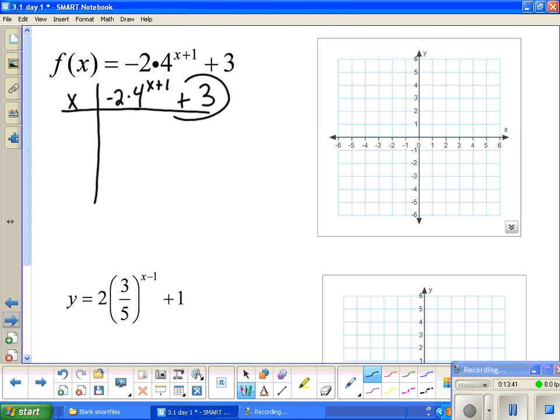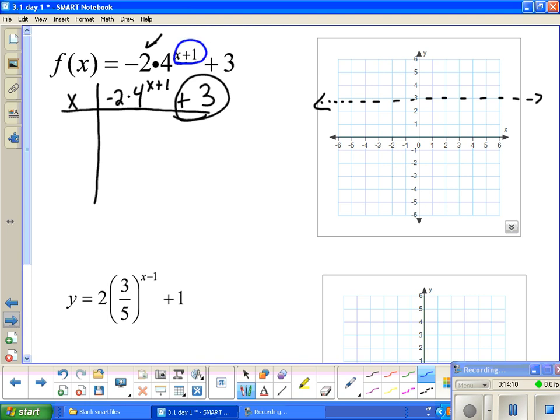This tells us that I'm going to have an asymptote at +3. Okay, that +3. This tells me it's going to be reflected over that asymptote. And I think I'm not going to use 0 and 1 because it's going to give me some fairly large numbers. I'll probably use 0 and -1. Why would I choose -1?